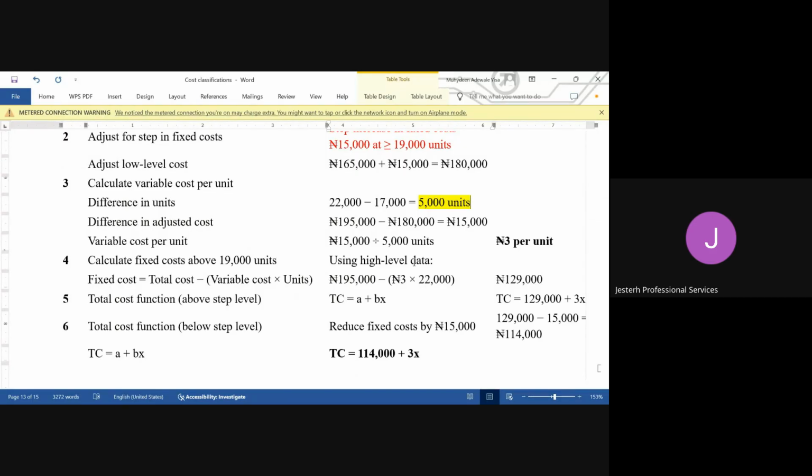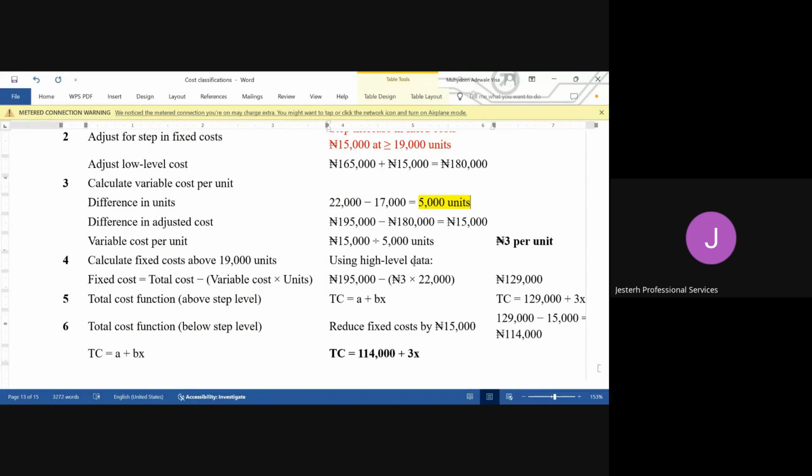Remember, we have already come up with our variable cost per unit, which is 3 naira. How are we going to do the same thing that we used in the previous one? Fixed cost is equal to total cost minus variable cost multiplied by the units.